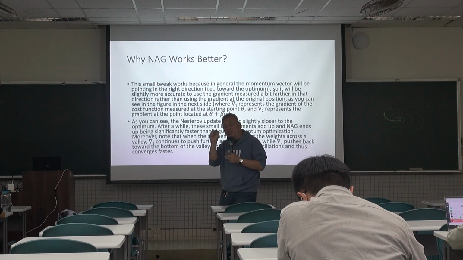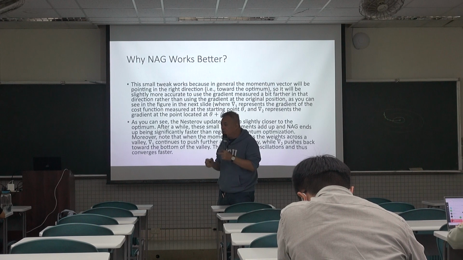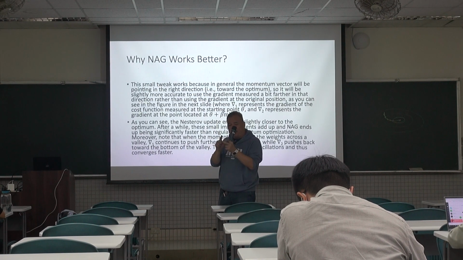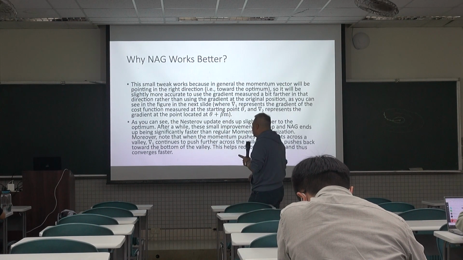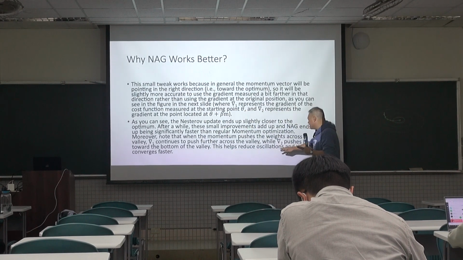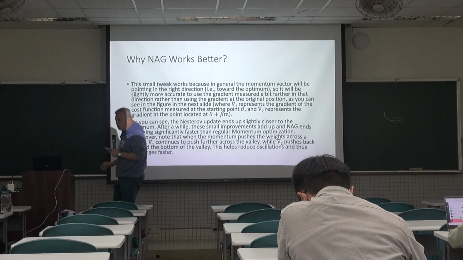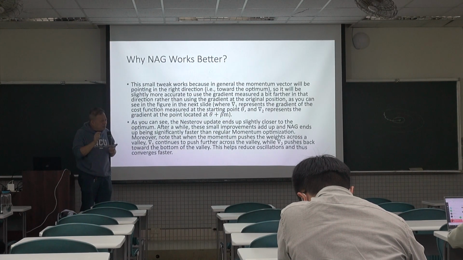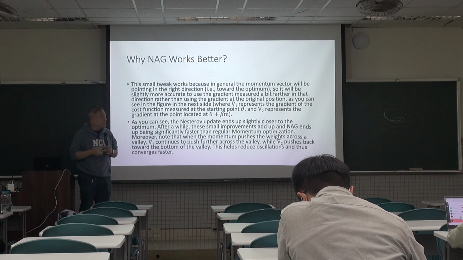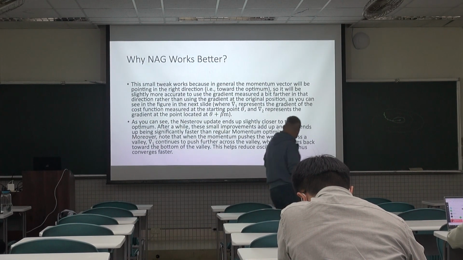If you earn a little bit better performance every iteration, that advantage accumulates. Eventually it helps reduce oscillation and converge faster. So this little advantage turns out to be much better than the momentum optimization.